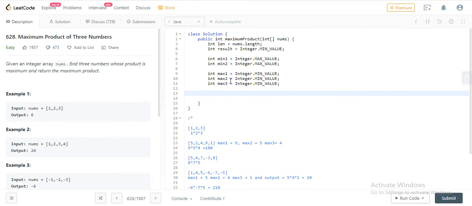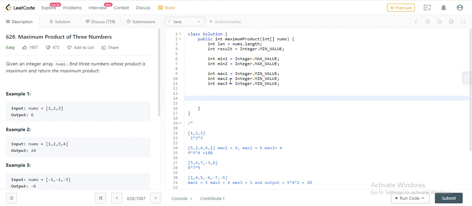Now let's find min1, min2, max1, max2, max3.